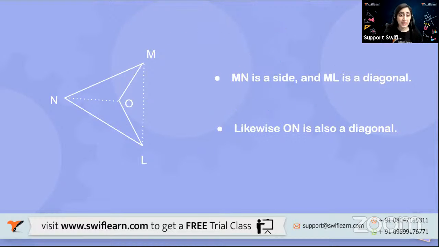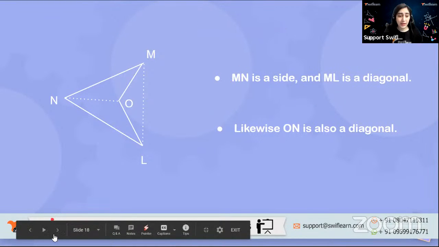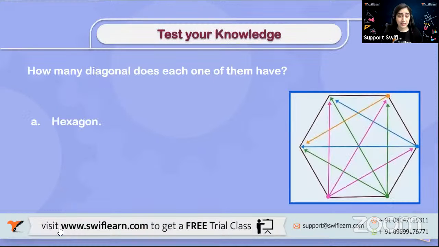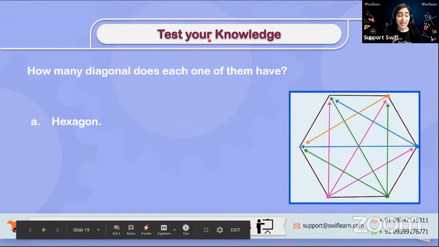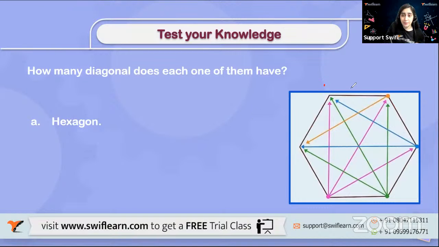See, with the help of these diagonals, first of all, I'll test you on how many diagonals there are in this. Can you count the number of diagonals? Before that, start naming the vertices. It's A, B, C, D, E, F. We can start from any vertex we want.